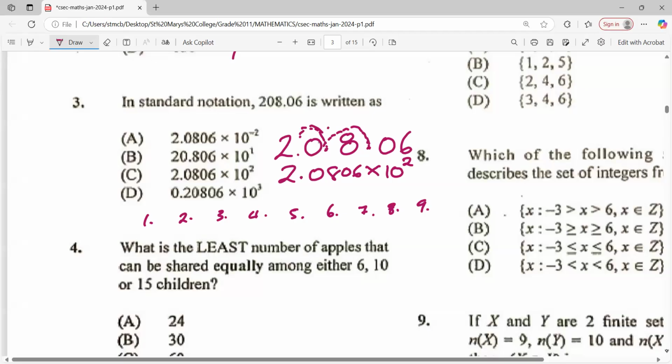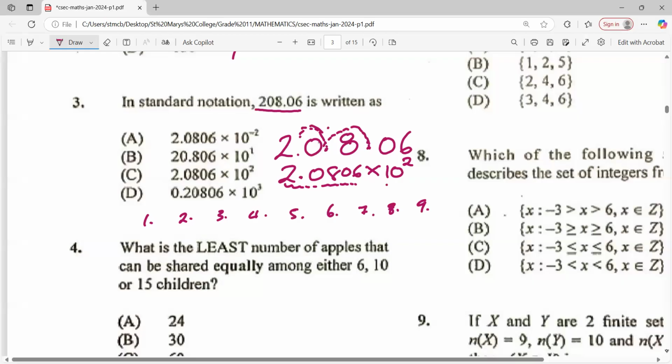Now you need to also determine if it's positive or negative. One of the things that I always tell my students to make it easier for them is, when you multiply this number, you're supposed to get back the original. So when you multiply 2.0806 times 100, because 10 to the second power is 100, you're supposed to get the 2080.6 that you originally had.